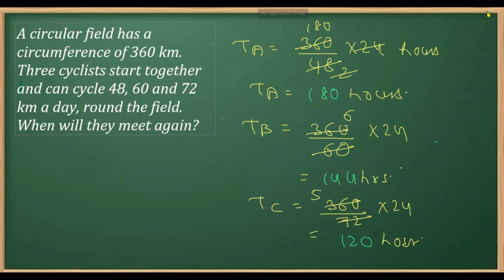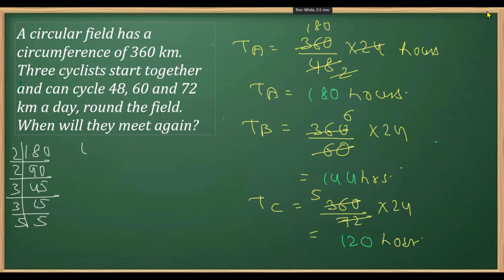Let's say I do it on the other side. For 180, the prime factorization is what? 2, 90; 2, 45; 3, 15; 3, 5; and 5 one time.